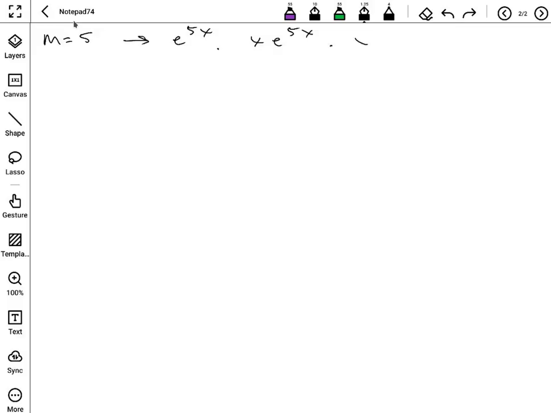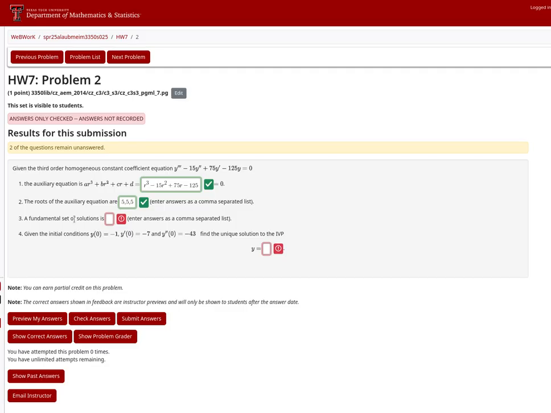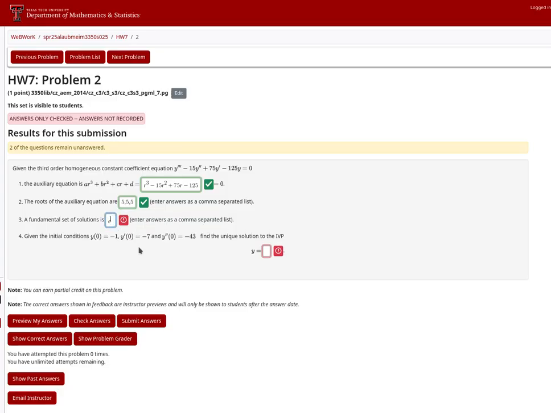And then to get my third, I just multiply by x again to get x squared e to 5x. And that's going to be my fundamental solution set. Enter answers as a comma separated list: e to 5x, x e to 5x, and then x squared e to 5x.